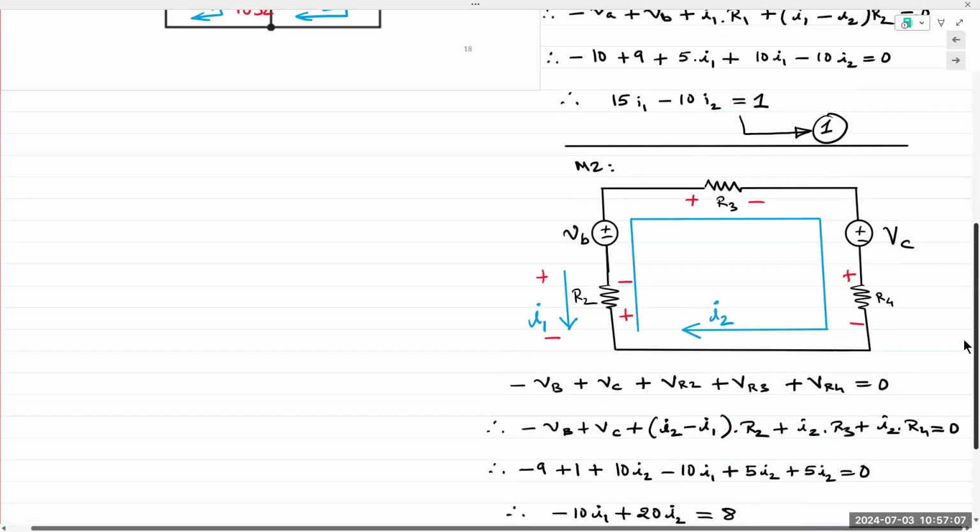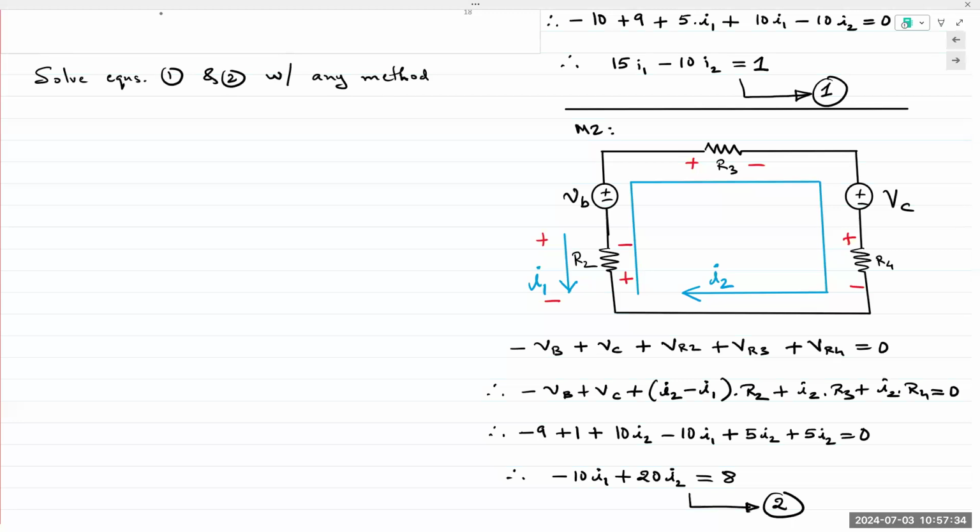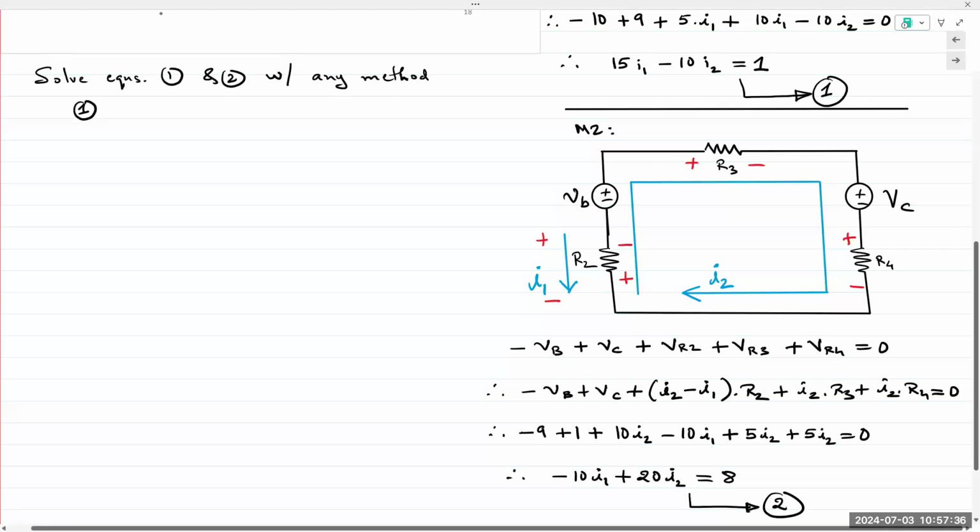Solve 1 and 2 with any method you choose. I will show you how I would solve this manually, since it's rather straightforward. You got equation 1, you got equation 2. It's a set of linear equations. So let's say equation 1 multiplied by 2 and equation 2 multiplied by 3.